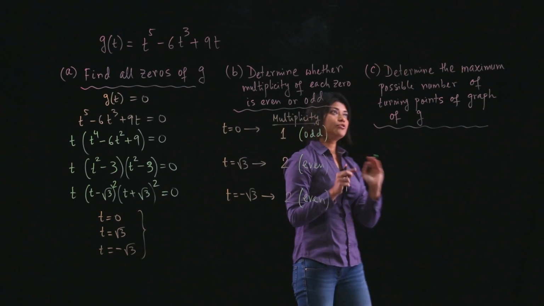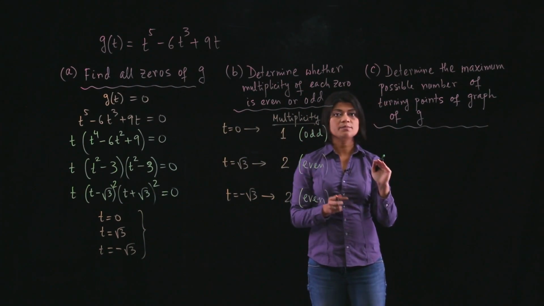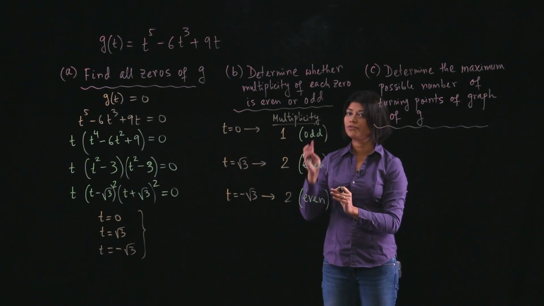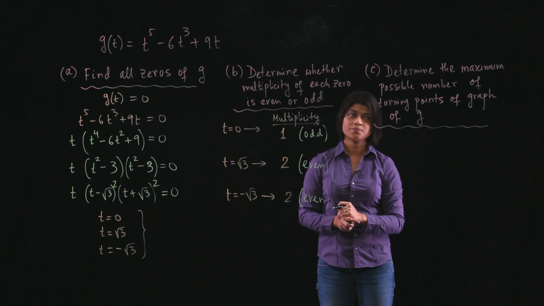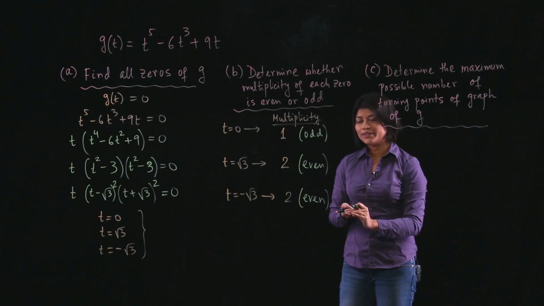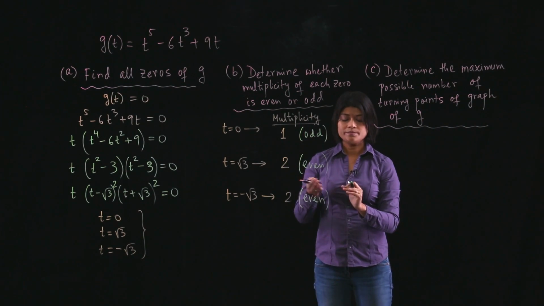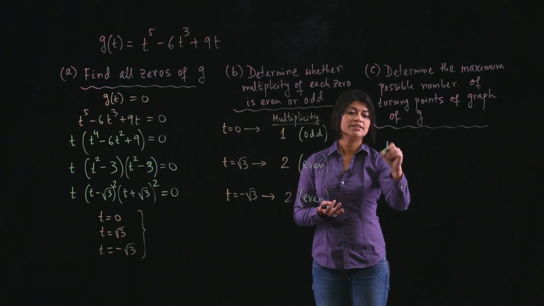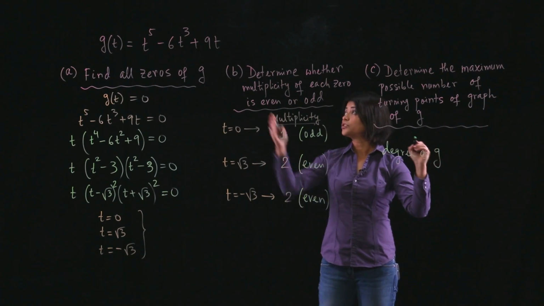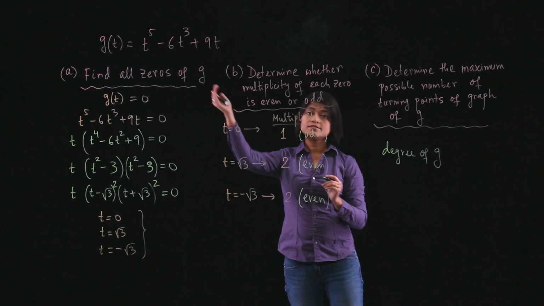Finally, we have to determine the maximum possible number of turning points of the graph of the function that's given to us. Well, it depends on the degree of that polynomial. So notice that the degree of the function g is 5.